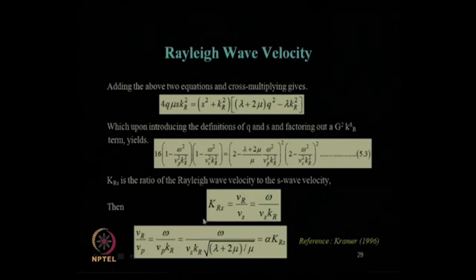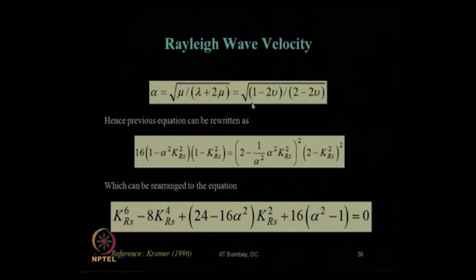Okay? So, if you use this expression, then what should be the ratio of V r by V p? V r by V p will be omega by K r times V p. Now, V p we can express in terms of V s using their relationship, V p to V s, which should be nothing but alpha times K r s. What is alpha? That alpha we have already obtained over there, the ratio function of V p by V s, right.